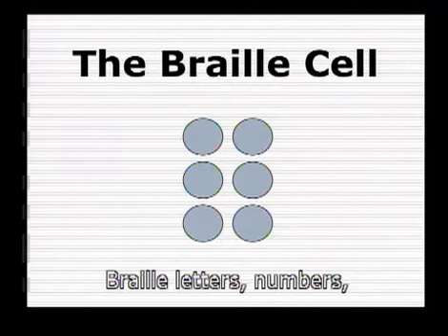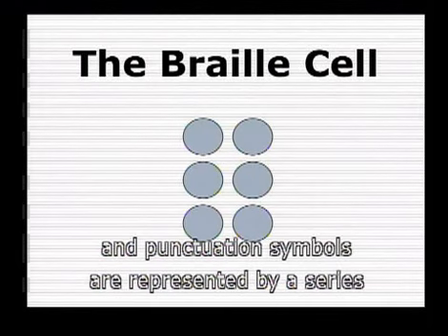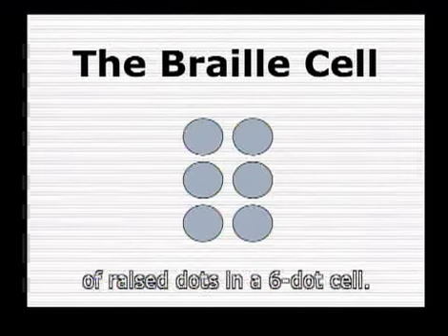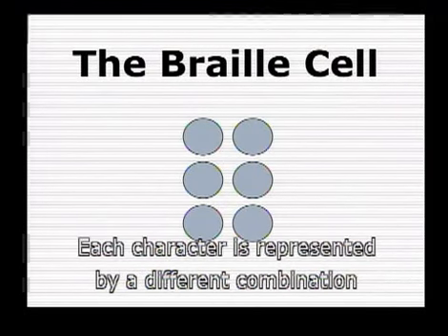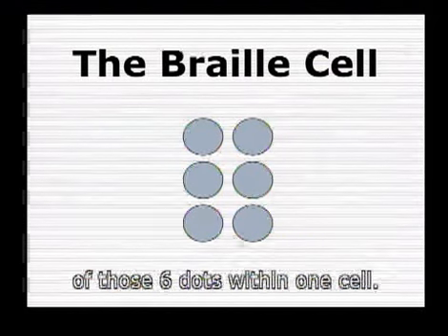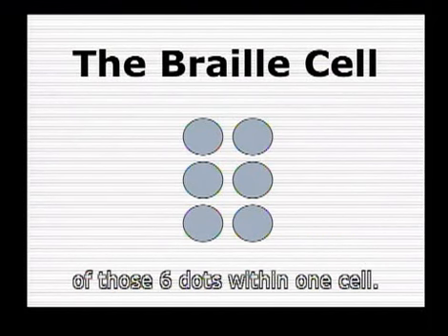The Braille cell. Braille letters, numbers, and punctuation symbols are represented by a series of raised dots in a 6-dot cell. Each character is represented by a different combination of those 6 dots within one cell.